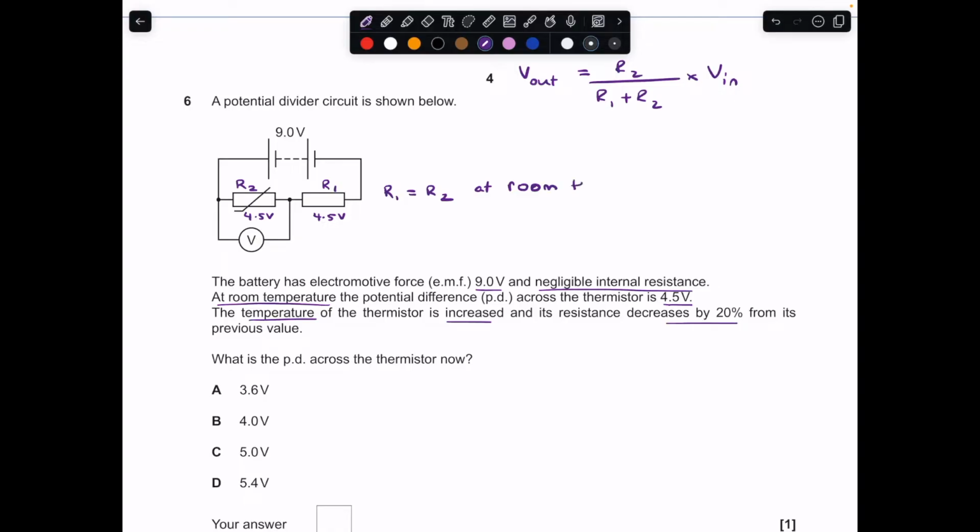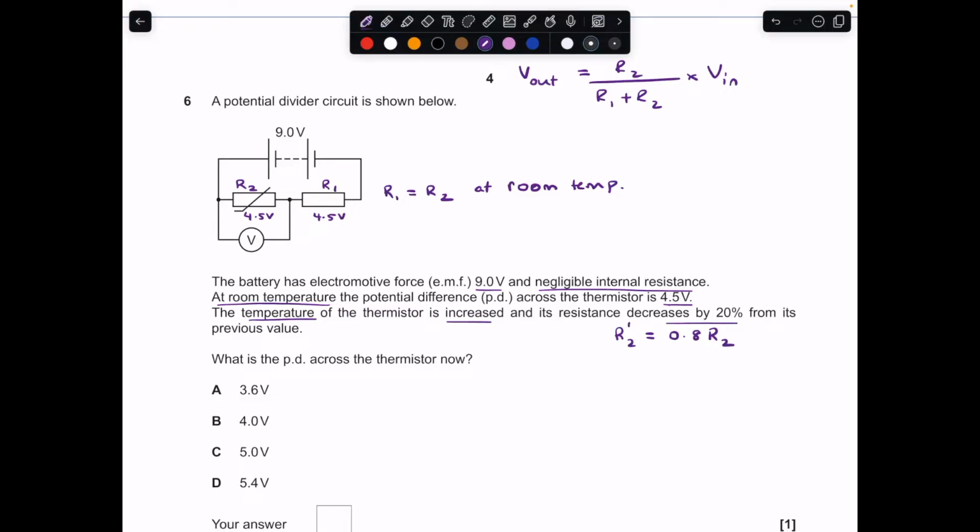Now from here we are further given that the resistance now decreases by 20%. So if I say R2 dash, the new resistance, is now going to be 0.8 of R2, the original resistance. If we incorporate that into our equation, we can find out what V out is.